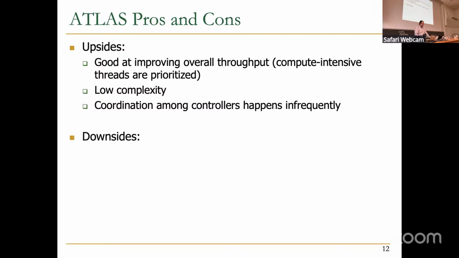We can also do coordination among controllers, which here happens infrequently, but this is something we didn't discuss in PAR-BS. In PAR-BS you come up with the ranking per batch, so you change the ranking quite frequently, which means that you don't have any capacity to synergize the whole system for that ranking. The ranking at the memory controller keeps changing in PAR-BS, because for each batch you're going to have a different ranking, right?